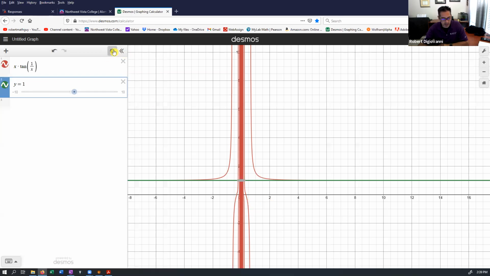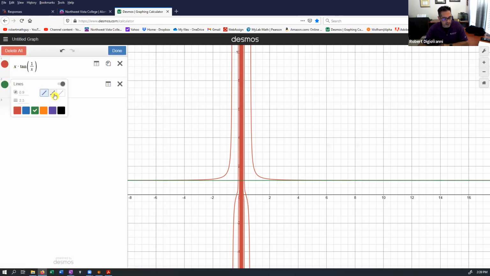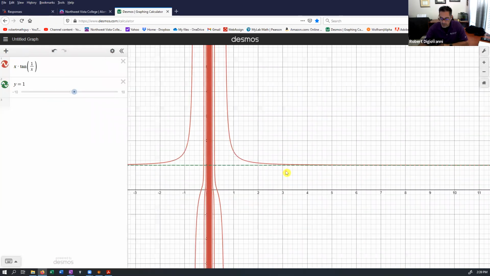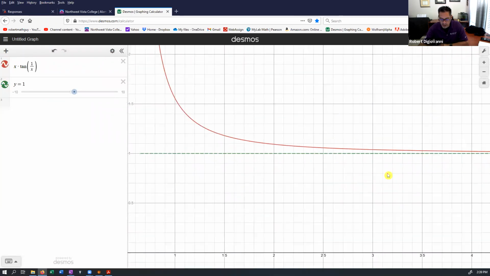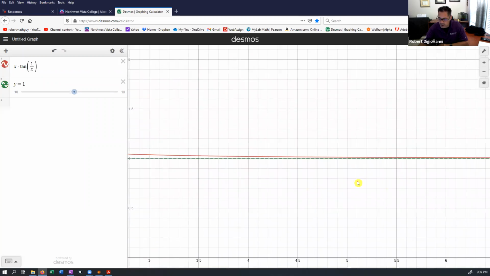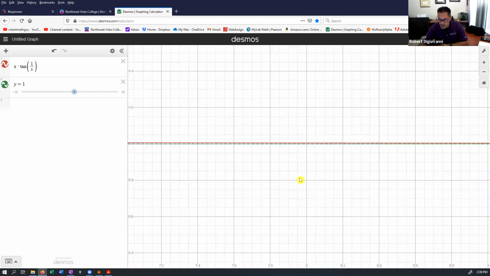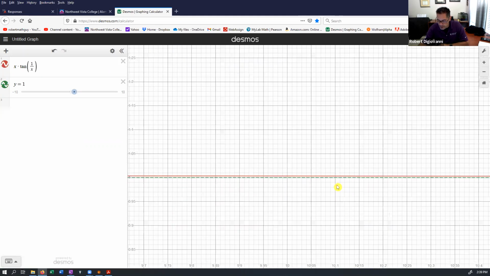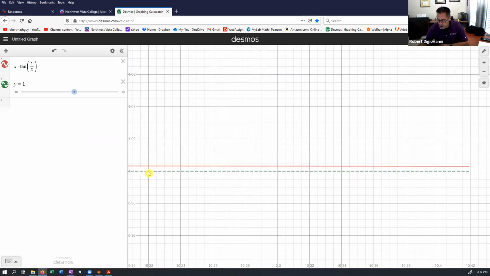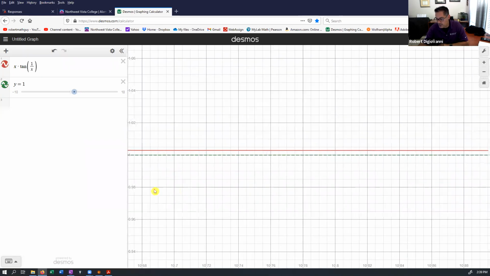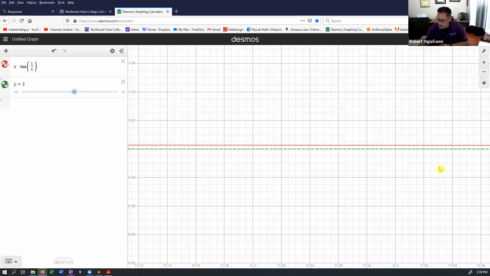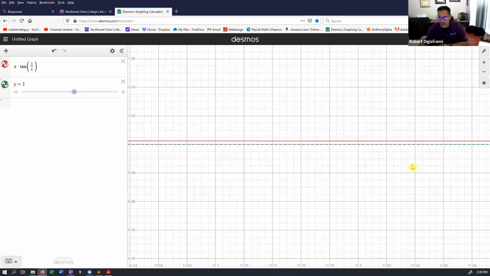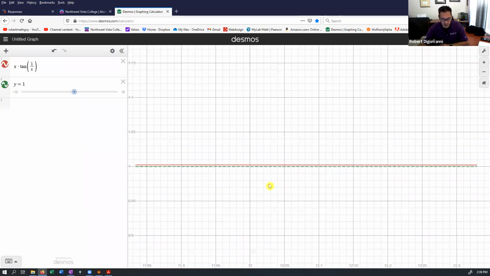And you can see that that's kind of like acting like an asymptote. Our function is approaching that line. As we go out to the right, it gets closer and closer. It never gets there. But as we move to the right, it just keeps getting closer and closer. It doesn't look like it's getting closer now, but it is.